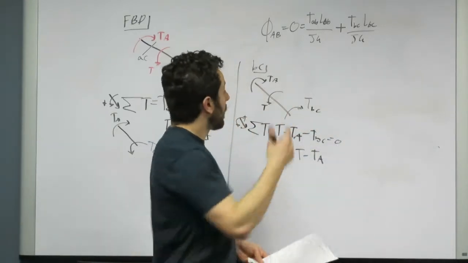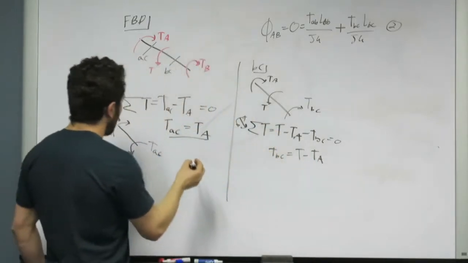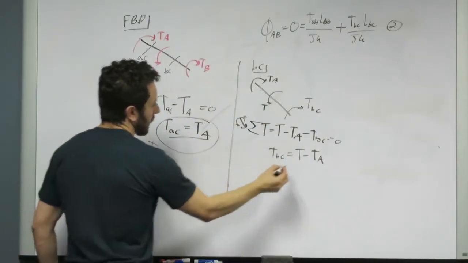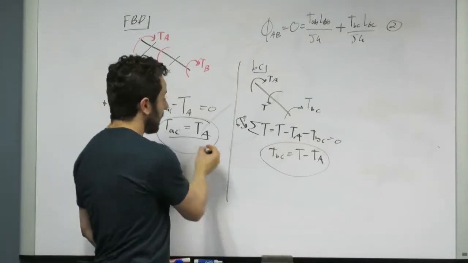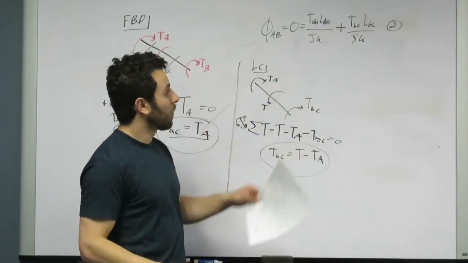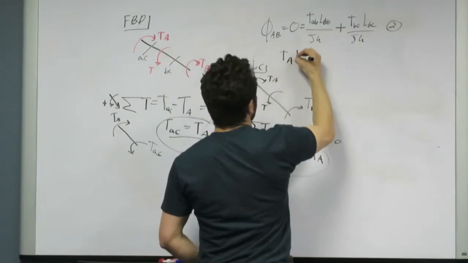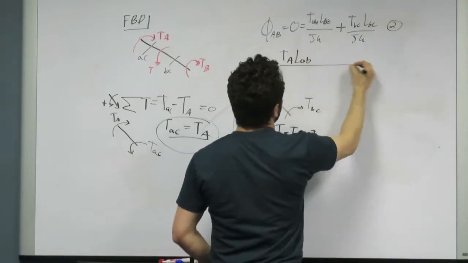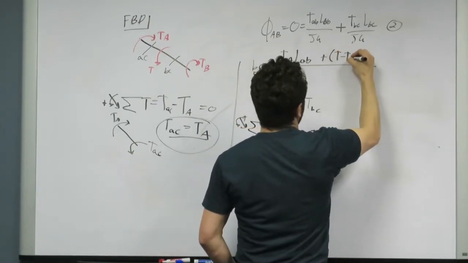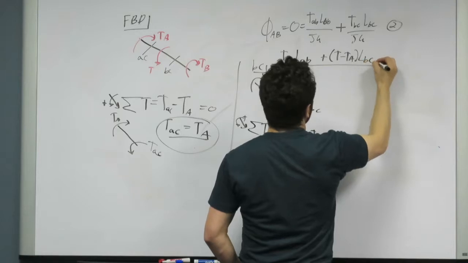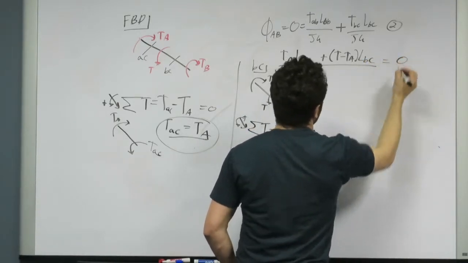So now that is our second equation, and we have everything from our method of sections in terms of TA. So we can just plug these two internal torques into that equation. So we get TA times LAB plus T minus TA times LBC, over JG, and that equals 0.